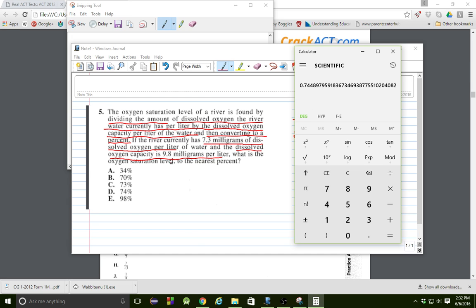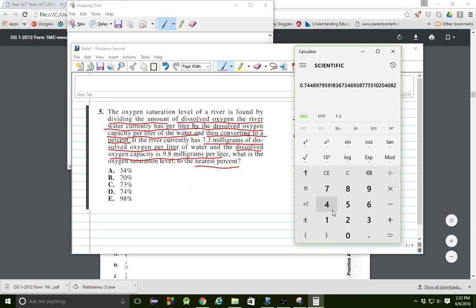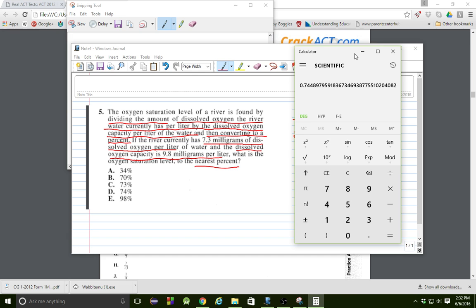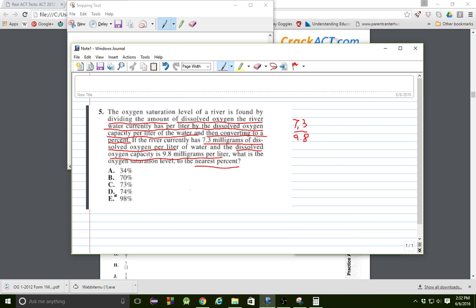Now, in order to convert to a percent, all we have to do is multiply this number by 100. And we get 74.489795, and that's closest to 74%. So the answer is D, 74%.